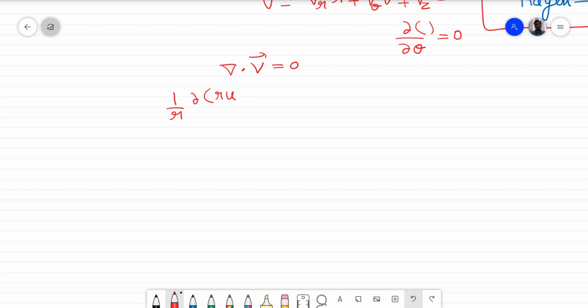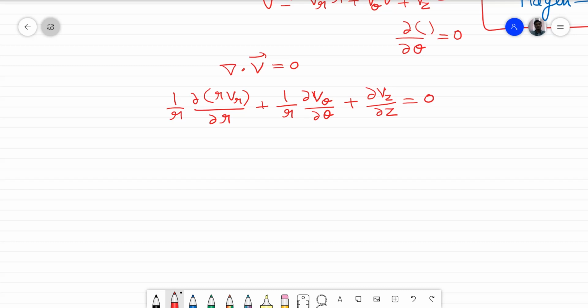We have taken Vr as our velocity in that direction, plus 1 by r dou V theta by dou theta, plus dou Vz by dou z equal to 0.